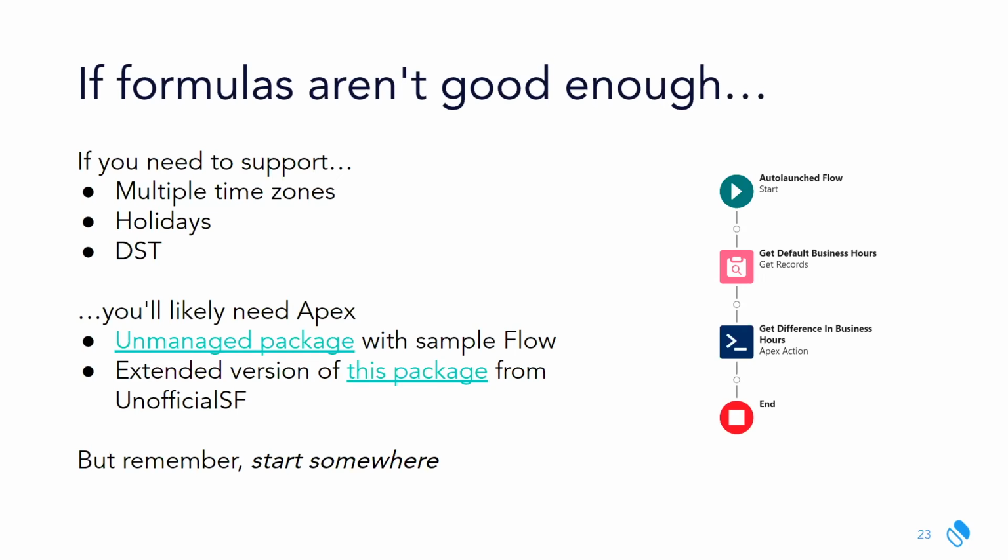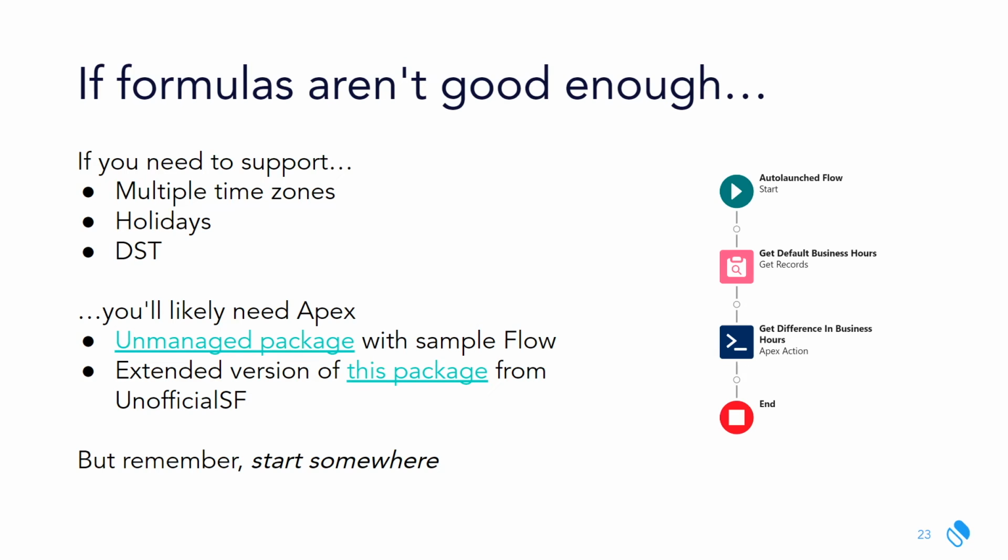For example, we obviously don't expect people to be making calls on New Year's Day or Christmas or 4th of July or whatever. Or if you have a really tight SLA where the 1-hour difference from daylight savings makes a real big difference, then you'll likely need to resort to Apex instead of the formulas to calculate the difference in business hours between 2 date times.